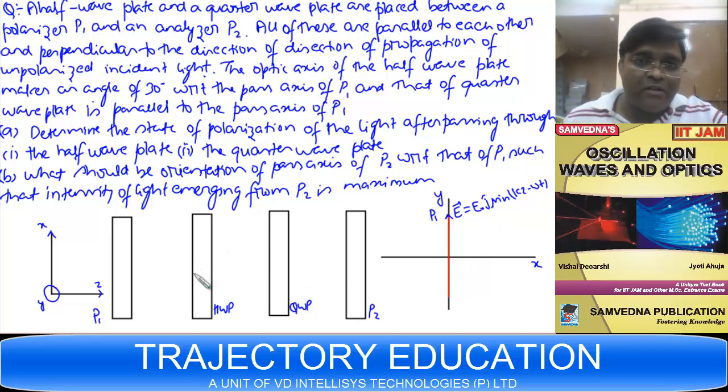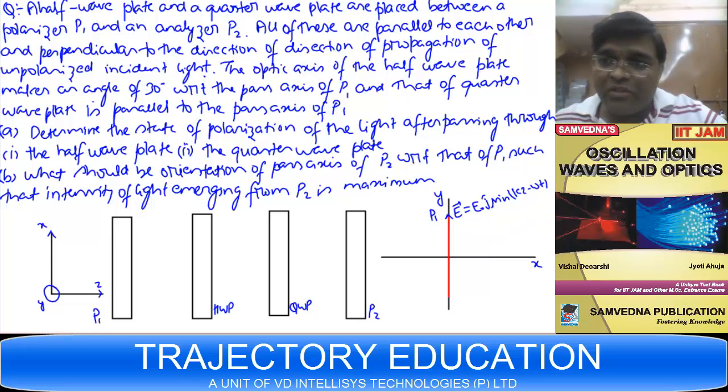Now this plane polarized light is falling on the half wave plate, whose principal section makes an angle of 30 degree with the path axis of P1, right?